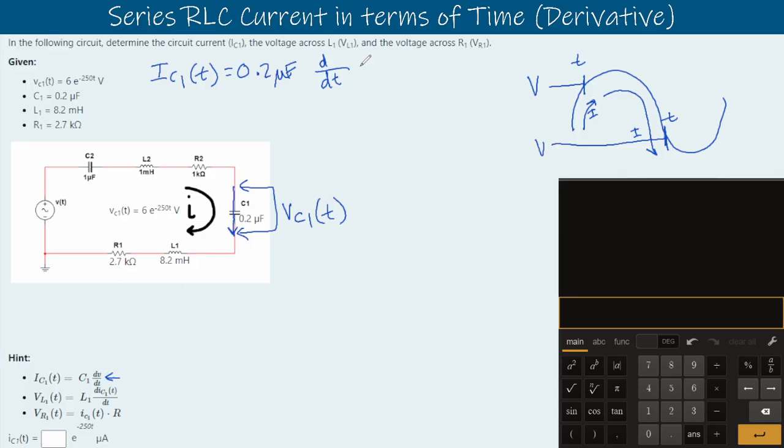I usually write that at the end over here so it's easier to separate out. The d over dt is going to cancel out, and we'll just be left with multiplying by our v. They tell us to use the voltage that's given, which is the voltage drop across our C1 capacitor, so I'll put in 6e to the negative 250t, and that is a voltage value.